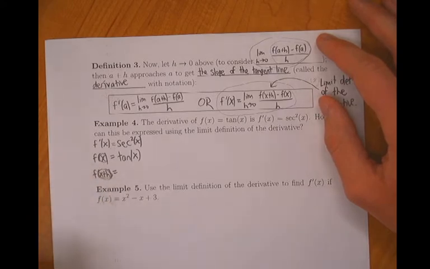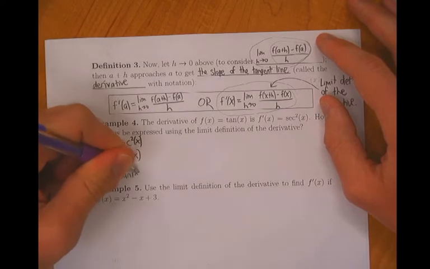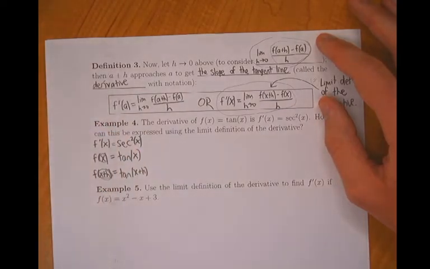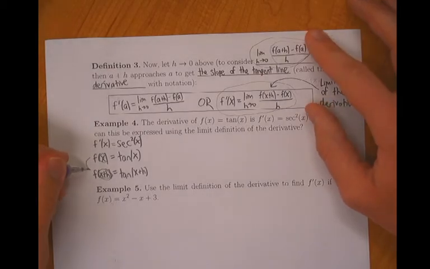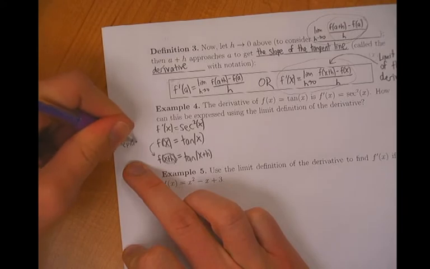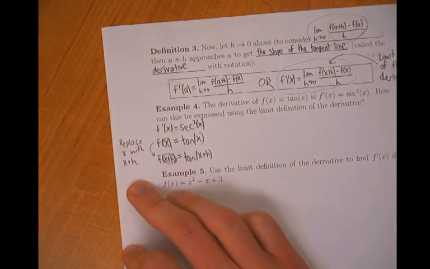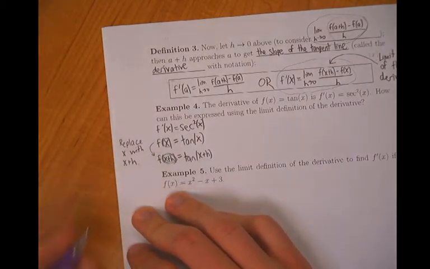So it would be tangent of x plus h. Like I said, all we're really doing is replacing x with x plus h. That's all we're doing with this step from here to here.